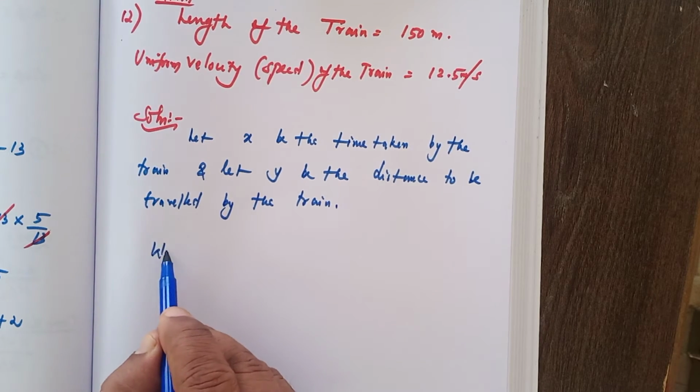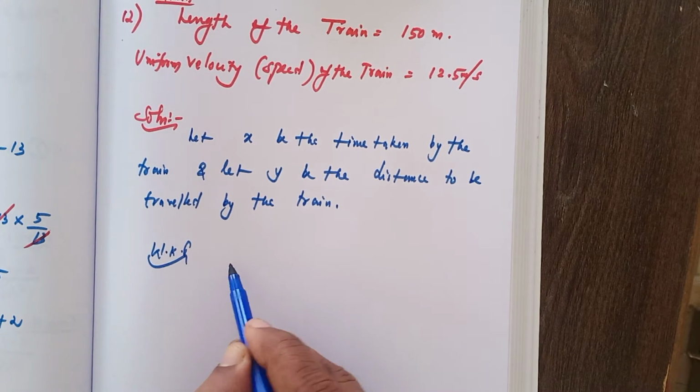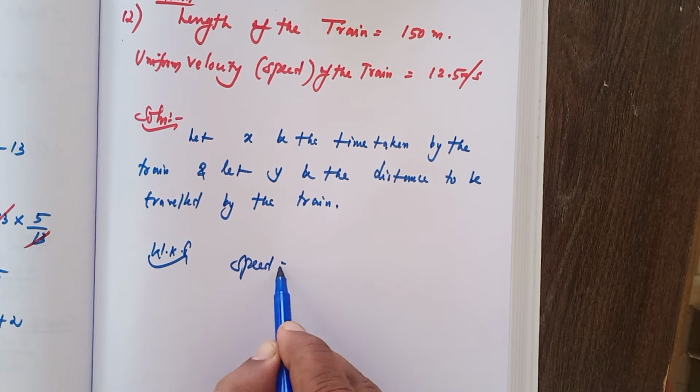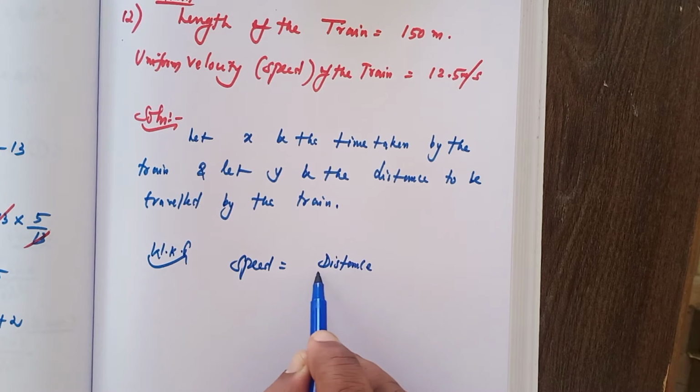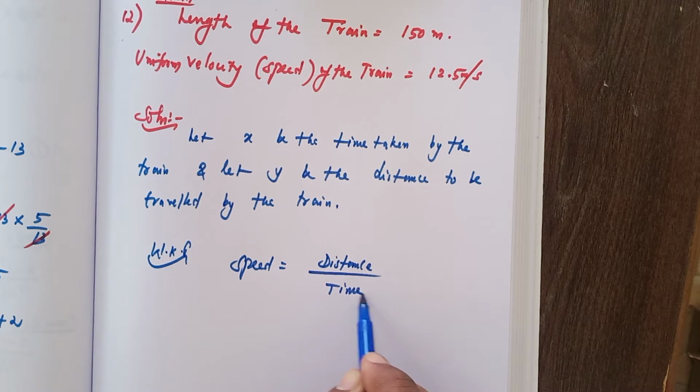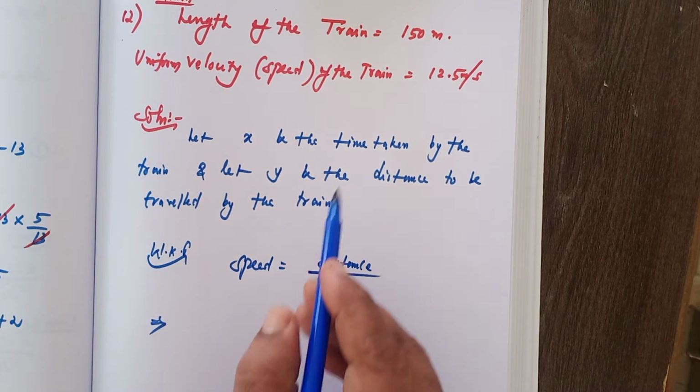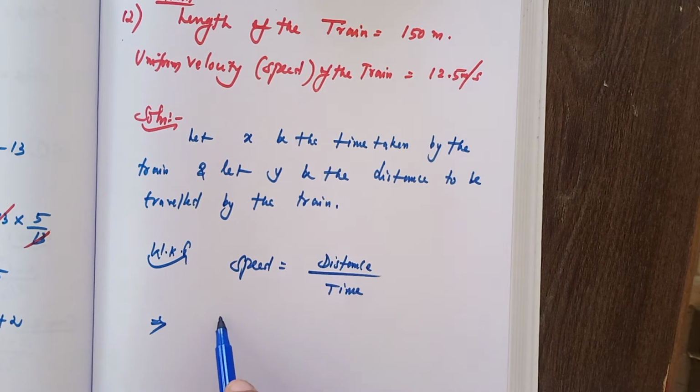We know that speed equals distance by time. Speed, that is given in the question itself, 12.5.